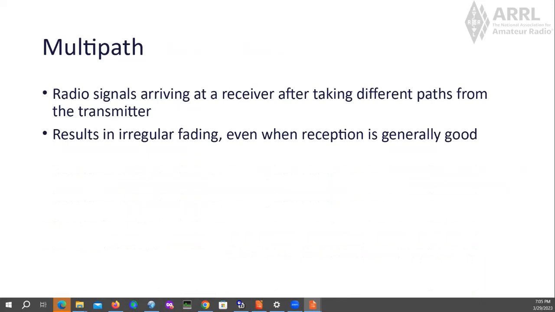Results in irregular fading even when reception is generally good. One of the times this happens is when you're driving through town and you're getting refracted signals from different buildings, which are sharp corners and usually have metal in those corners to really help with that.